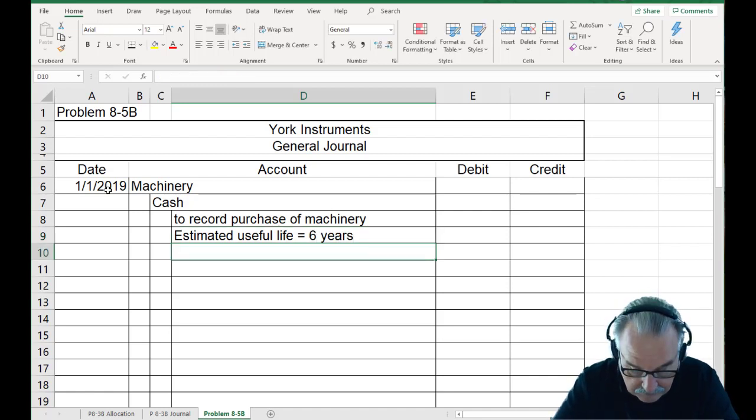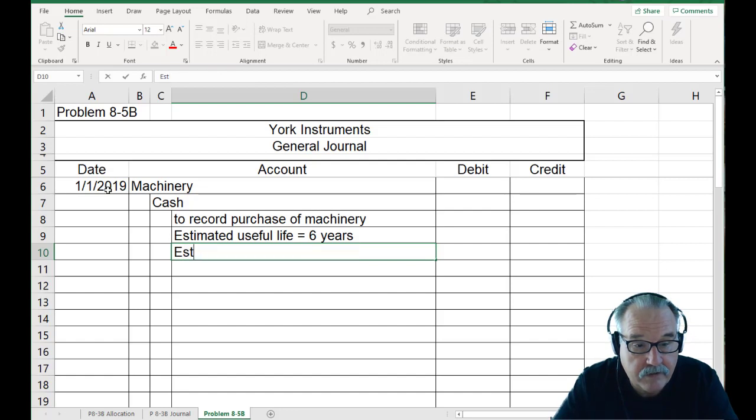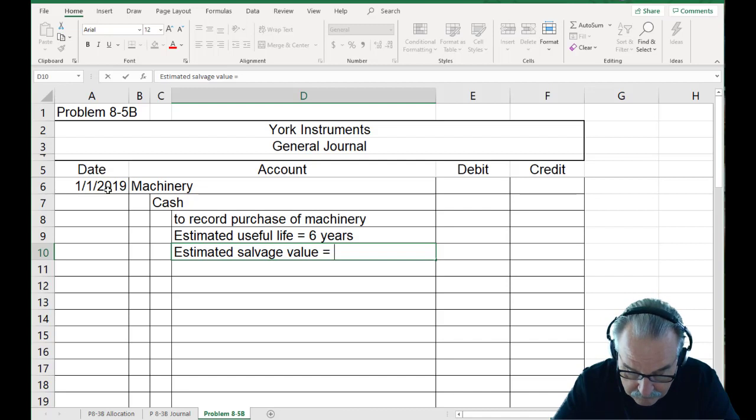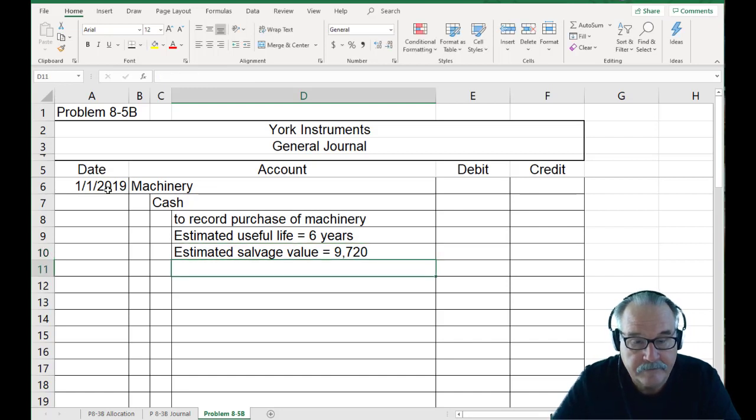And the estimated salvage value is 9720. Okay, so we have a little bit of a calculation because we have the cost of the machine and some sales tax.